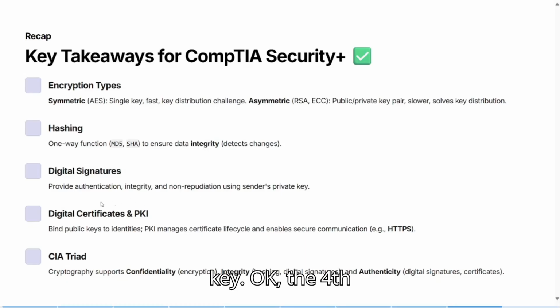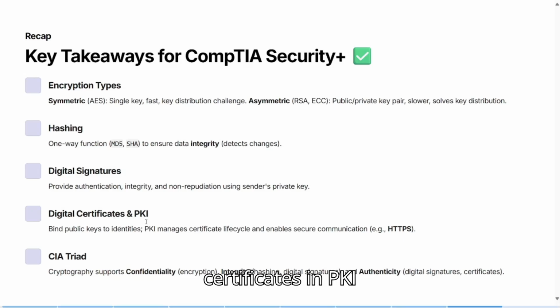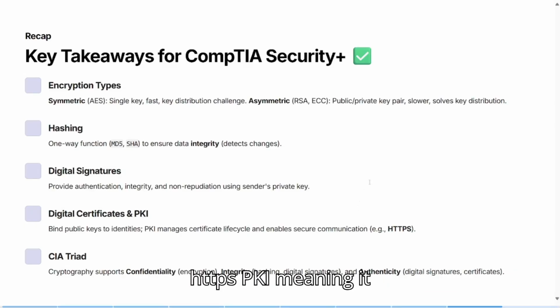The fourth one is digital certificates and PKI. Digital certificates bind public keys to identities, and as I mentioned, they support non-repudiation as well. PKI, public key infrastructure, manages the certificate lifecycle and enables secure communication, that is HTTPS.